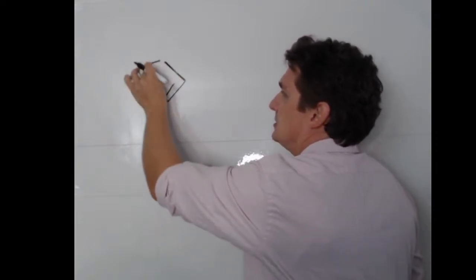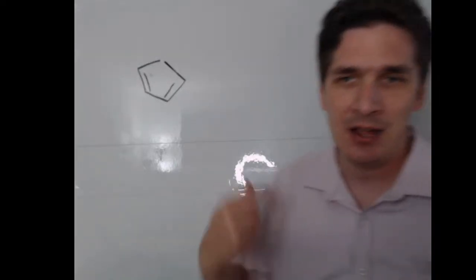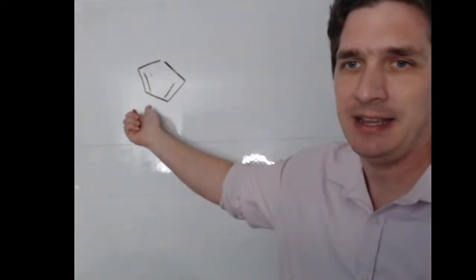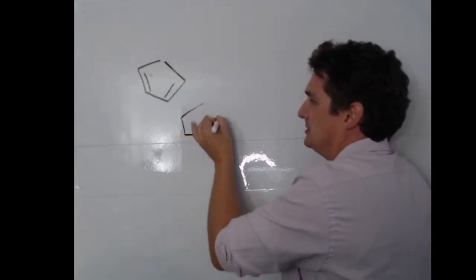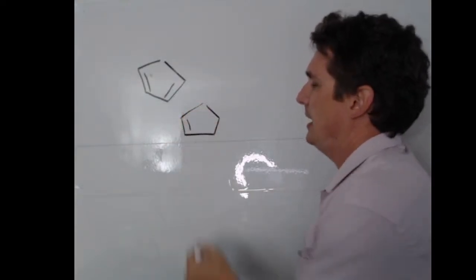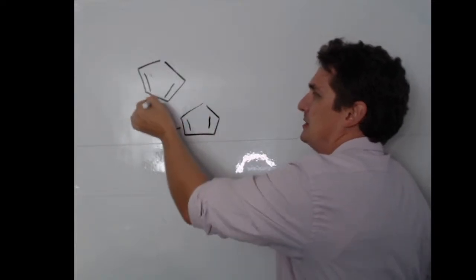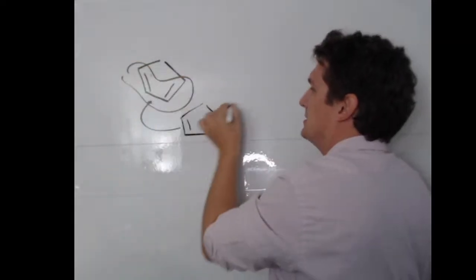So for Diels-Alder, you need a diene and you need an alkene. But the thing is that this is a diene, but it's also an alkene. And so two of these things can come together. And this double bond will react with these.